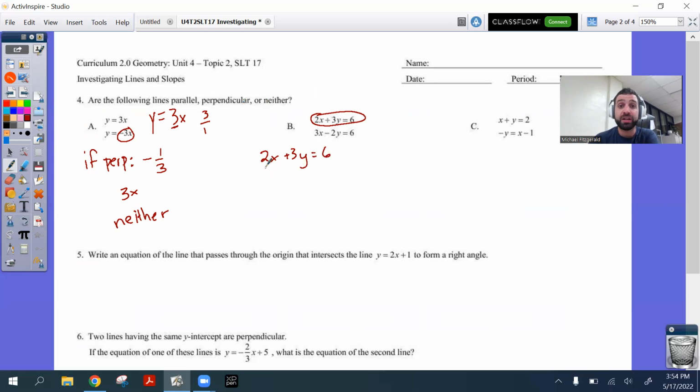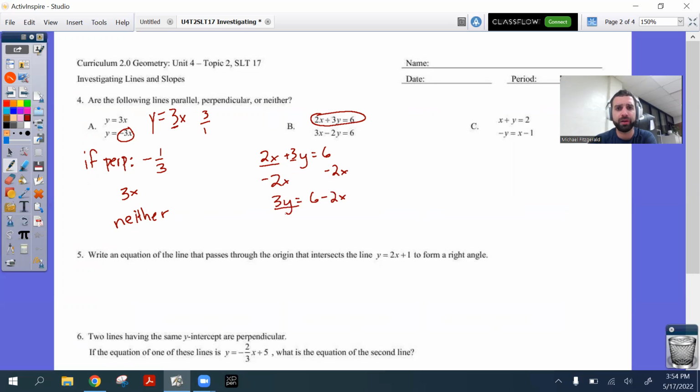We need to get y equals. So there's this item here that I have to get away from that y, and this 3 that's multiplied to it that I also have to get away. We're going to want to subtract 2x first. Minus 2x, minus 2x. So that gets rid of it on this side. We get 3y is equal to 6 minus 2x.